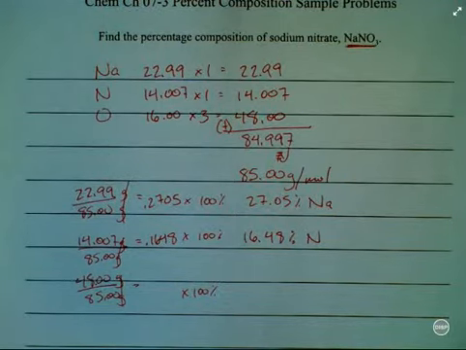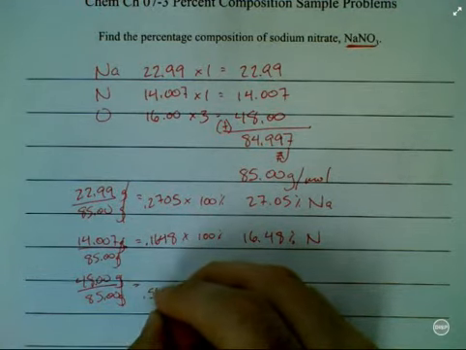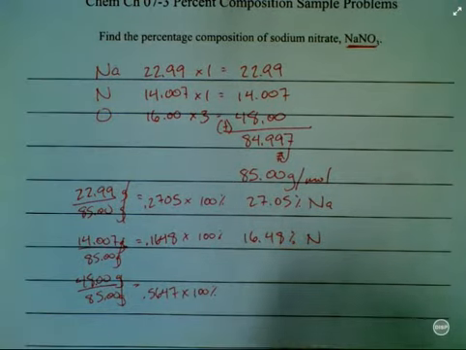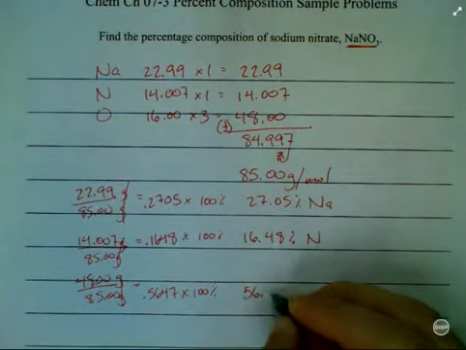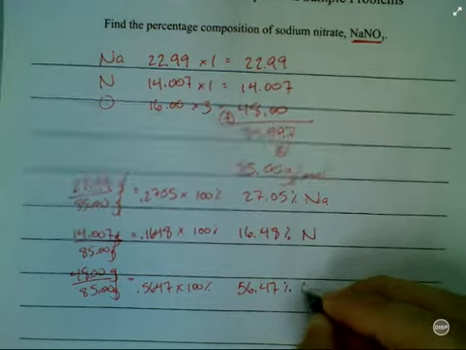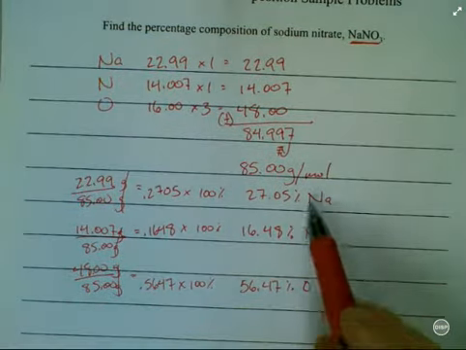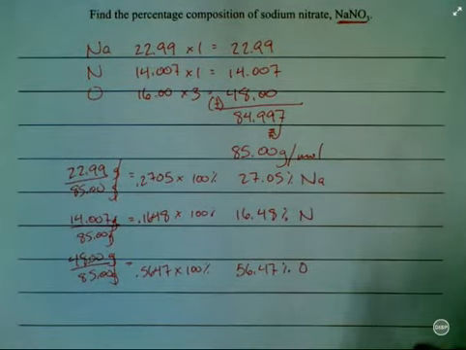We got 48.00. We're going to divide by 85.00. That comes out to be 0.5647. We're going to multiply that by 100 to be 56.47. And lo and behold, it actually does match up with our prediction so that all 3 of these percentages added together will equal 100%.